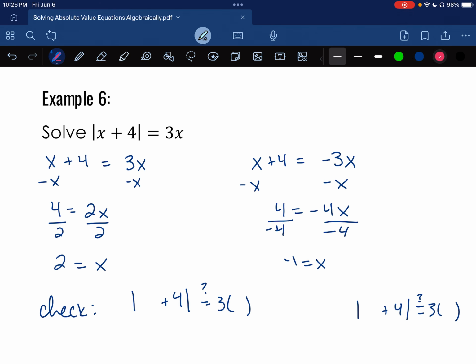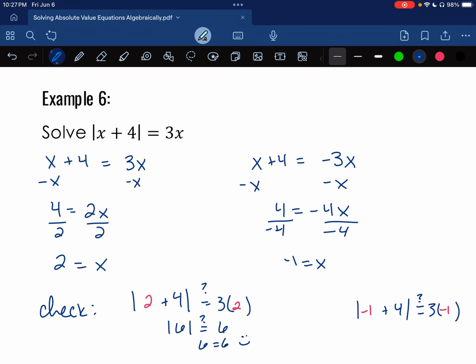Let's go. We're going to plug in 2 everywhere there's an x. And over here we're going to plug in negative 1. So over here we're going to have the absolute value of 6 is equal to 6, which of course 6 is 6.